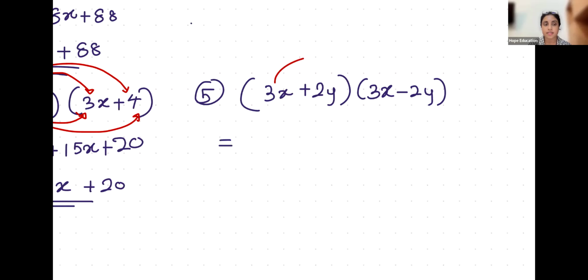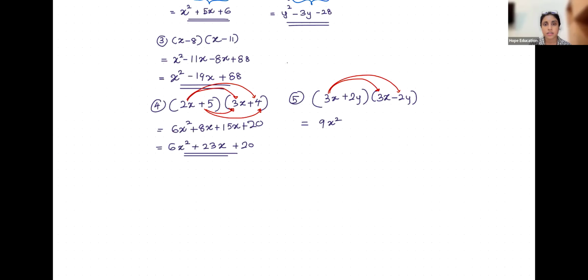3x times 3x. So 3 times 3 is 9. X times x is x squared. This is plus. This is also plus. Plus times plus, answer is also plus. 3x times 2y. 3 times 2 is 6.